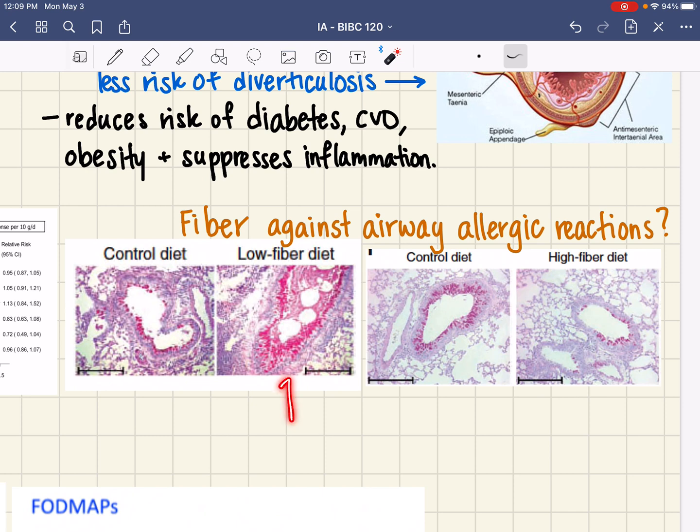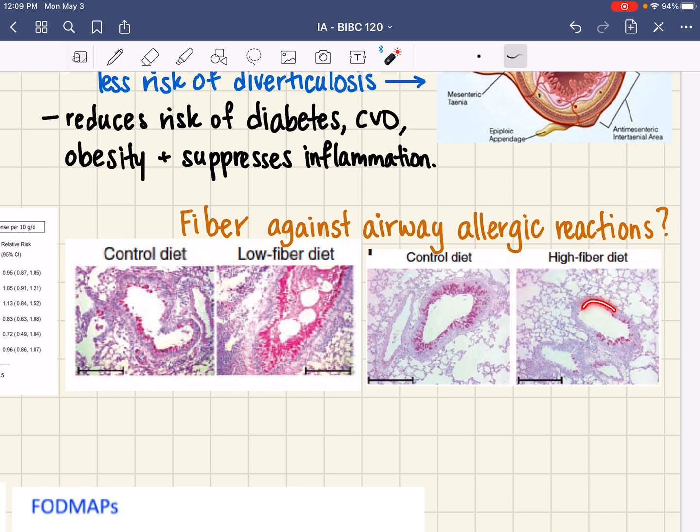So this data shows us that the mice that have been on a low fiber diet contained more inflammation in their airways, right, than the mice that were fed high fiber diets.